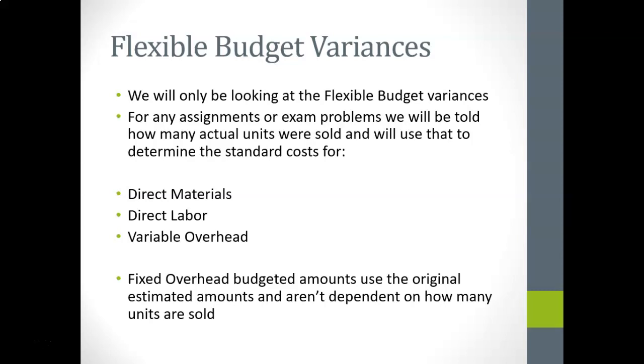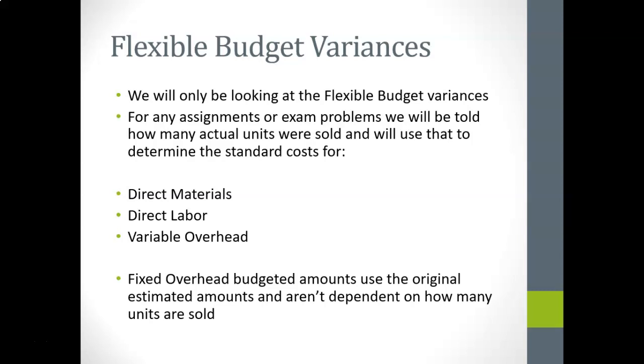So you will have to be told, in an assignment or exam, how many units were sold. And we're going to use that number to determine the total standard cost for direct materials, direct labor, and variable overhead. For fixed overhead budgeted amounts, we use the original estimated amounts.